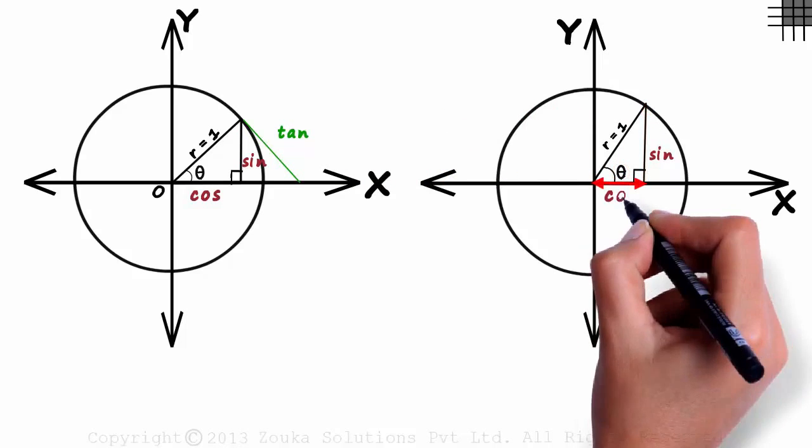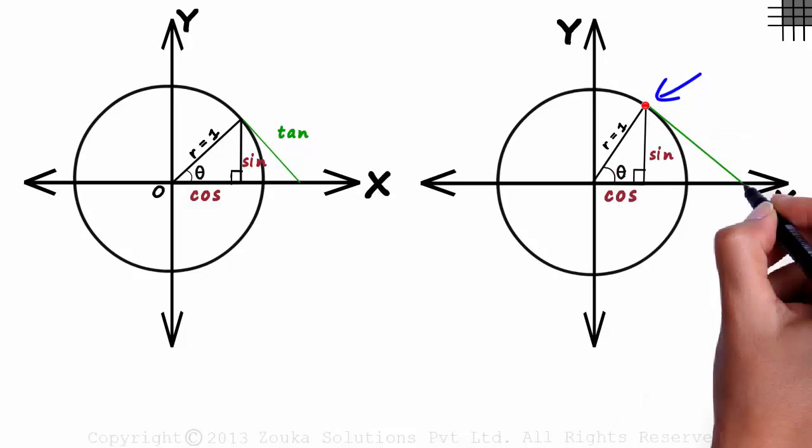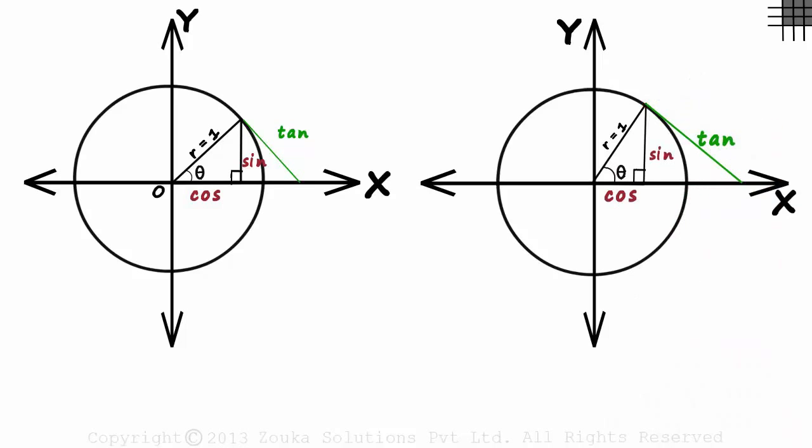This length is cos theta. We can see that this length decreased as the measure of angle theta increased. And since this point has moved upwards, the length of tan theta has also increased. What did we observe? As theta increased, sine and tan increased, but cos decreased.